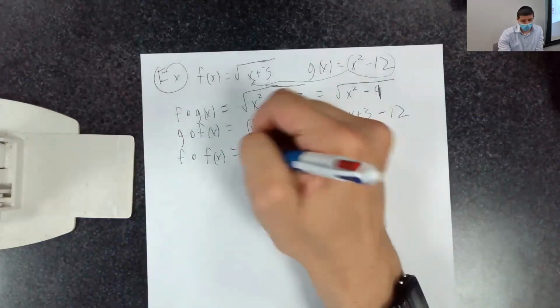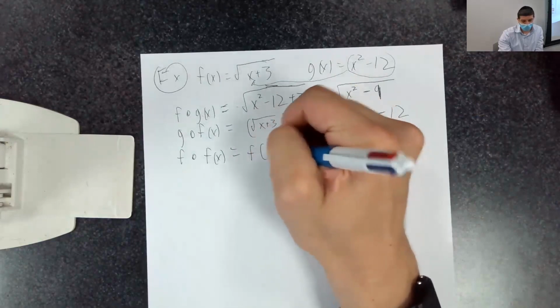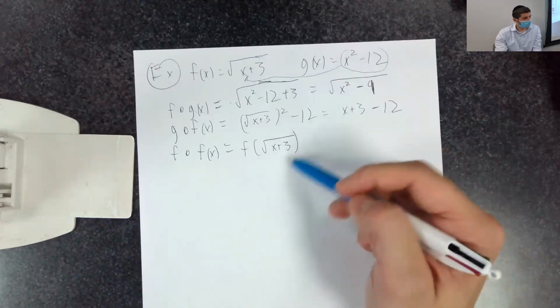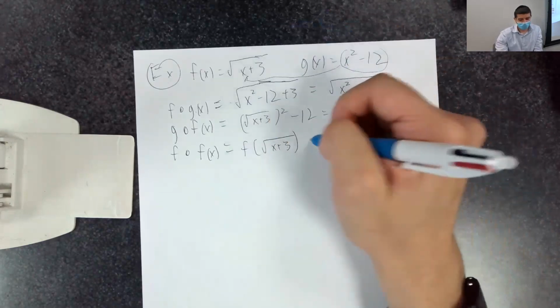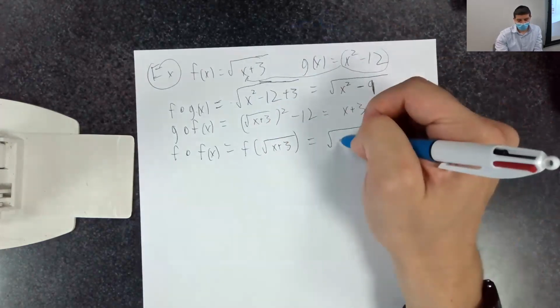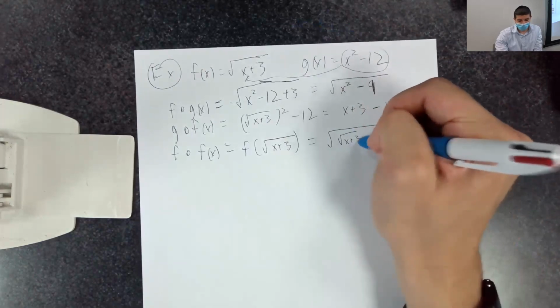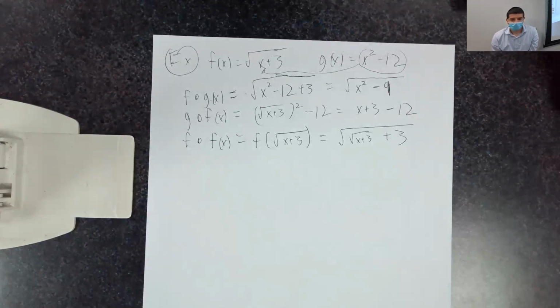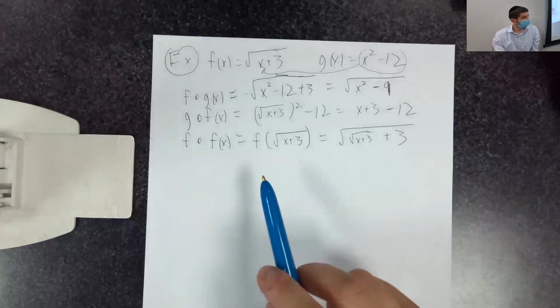So remember, f of f is f of radical x plus 3. So we have to take whatever complicated thing this is, replace it into x of radical. So radical x plus 3 plus 3. Okay. Any questions on this?